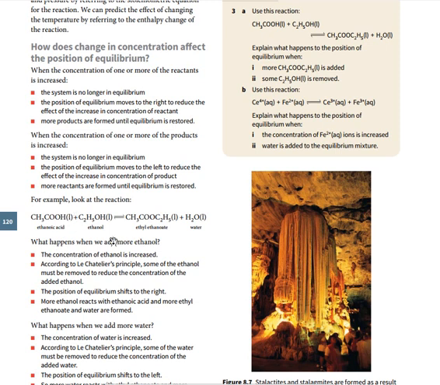If you increase the concentration of ethanol, in order to reduce it, the reaction moves in the forward direction. If you increase the concentration of ethanoic acid, in order to oppose that change, it also moves in the forward direction. If you increase the concentration of ethyl ethanoate, in order to reduce it, the reaction moves backward.